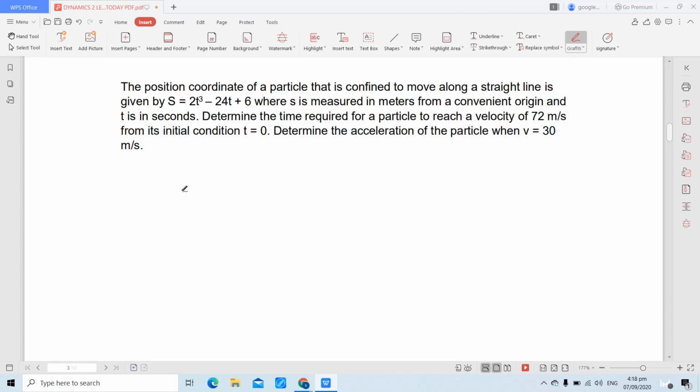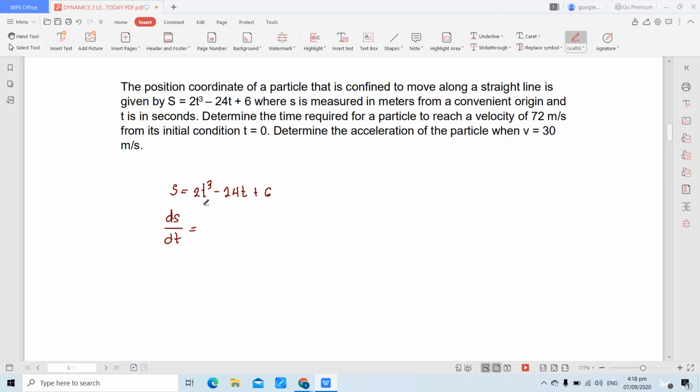Okay. So, anong binigay? That is S equals 2t cubed minus 24t plus 6. So, as you can see, that is under case number 1. Displacement S is a function of time t. So, anong gagawin? Differentiation ulit. Derivative of S with respect to time.